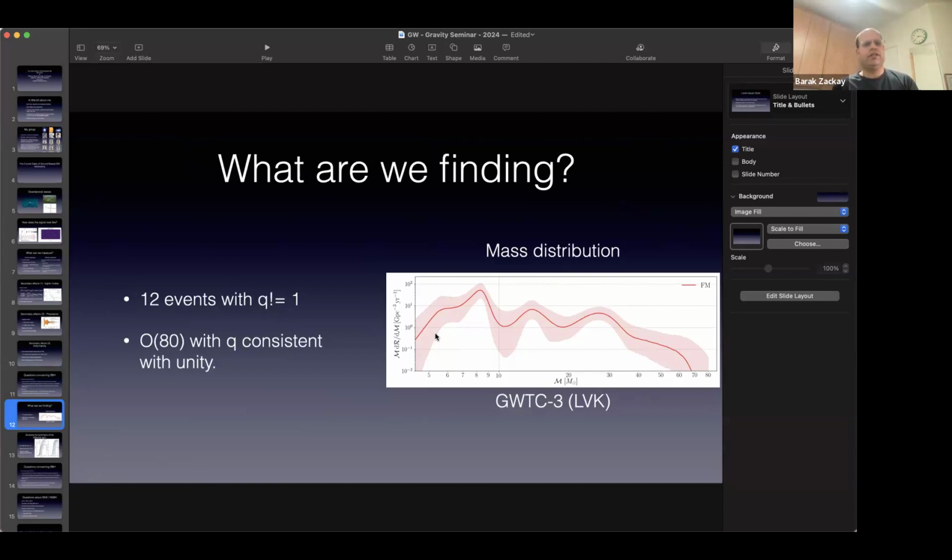In terms of features in this distribution, I think it's fair to say that the maximum that you see at 8 solar masses is probably real. I don't think you can make the distribution such that there's no peak over there. The other peaks, we can talk about this. The middle peak, I think, is not necessary by the data. It could be just a fluctuation.